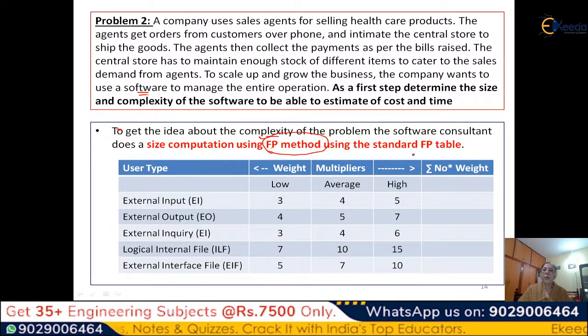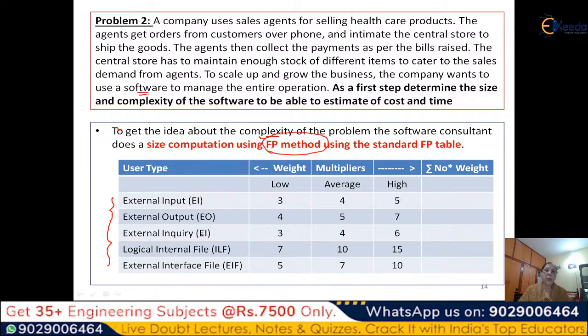Now for the function point, you have standard function point tables. How do function point tables look like? In function point, from our statement of work or the problem statement, we have to define how many external inputs are there, how many external outputs are there, how many queries are there, how many logical internal files will be there, and how many external interface files. 5 types of user types we have to identify.